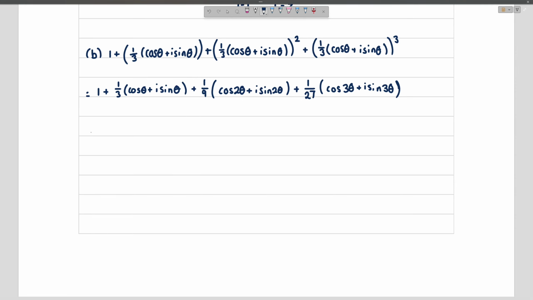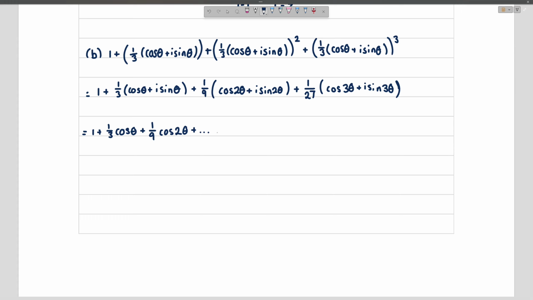For the real parts, what I get is 1 plus 1 over 3 cos theta plus 1 over 9 cos 2 theta plus 1 over 27 cos 3 theta plus so on and so on. That would just keep going on and on.